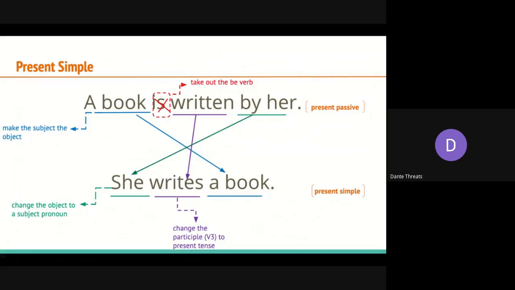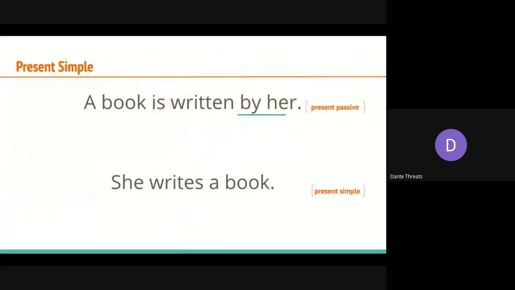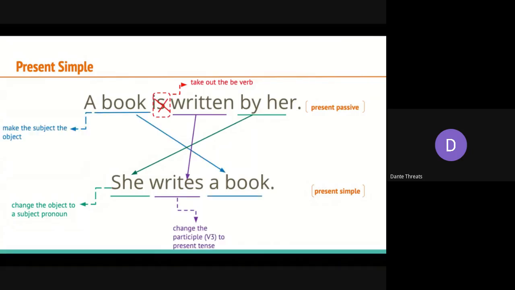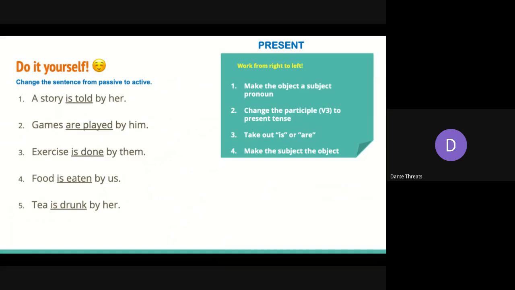So let's go over those steps again. First thing we do, change the object to a subject. Then we take out the verb, change the participle to the present tense, and then we make the subject the object. So work from right to left.